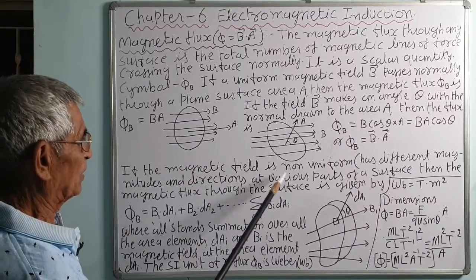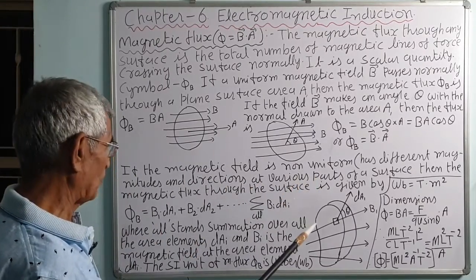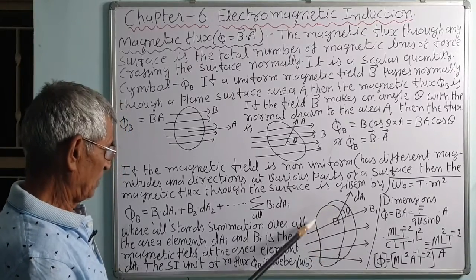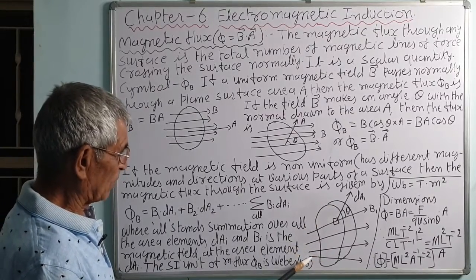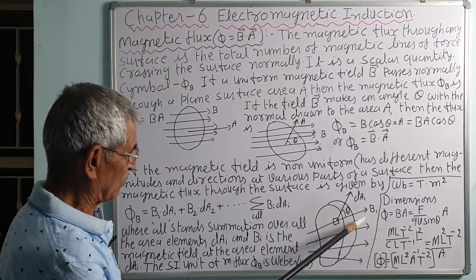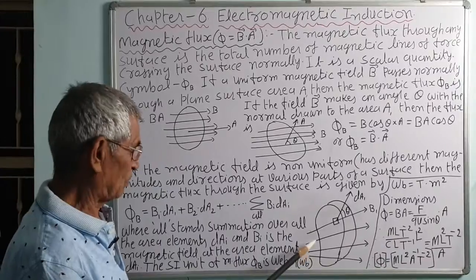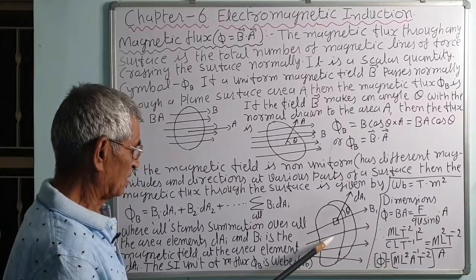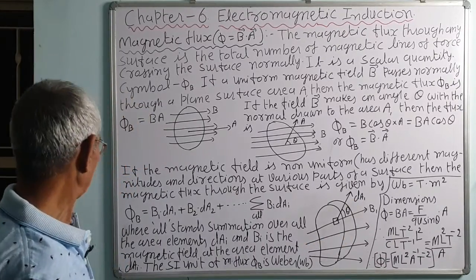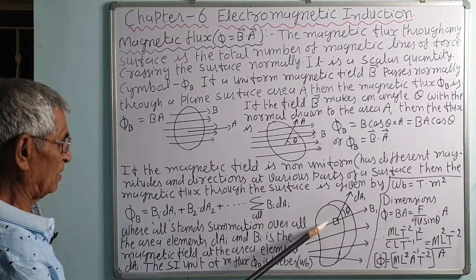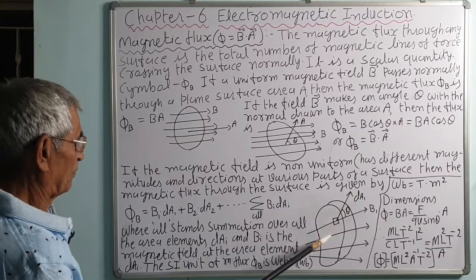Suppose the magnetic field is non-uniform, as given in this figure. Here the magnetic field is stronger; you can see here the magnetic lines of force are quite apart, here they are very close. So the field is stronger here, weaker here, weakest here, like that. Then the flux is calculated from the different areas.